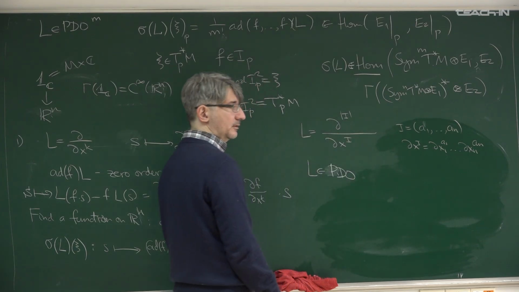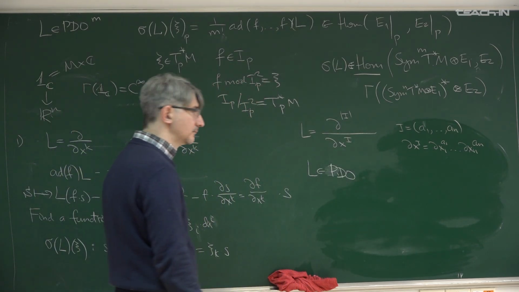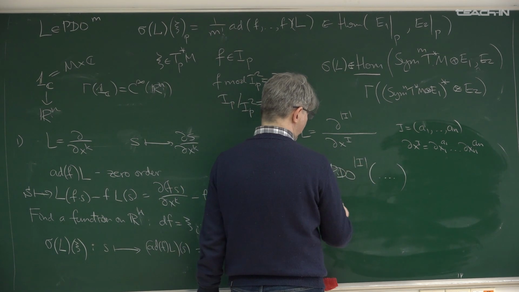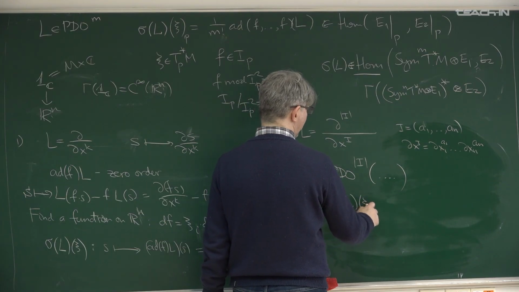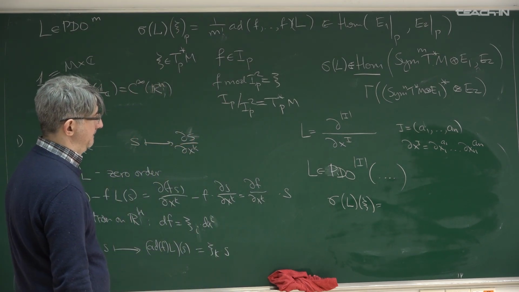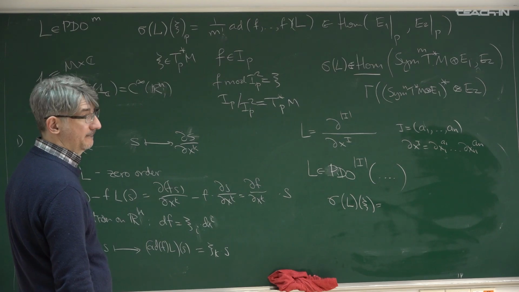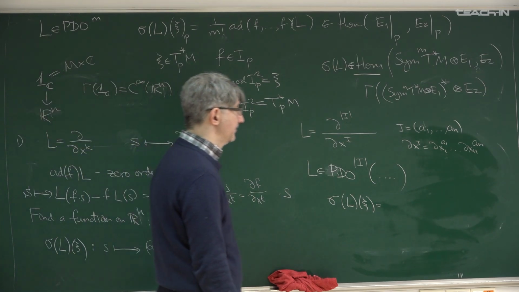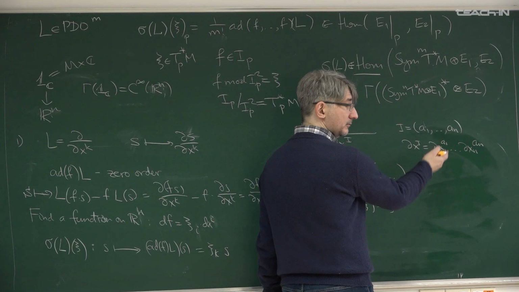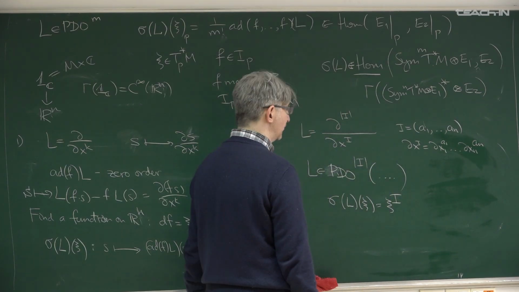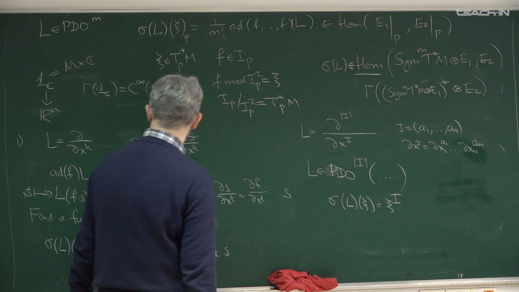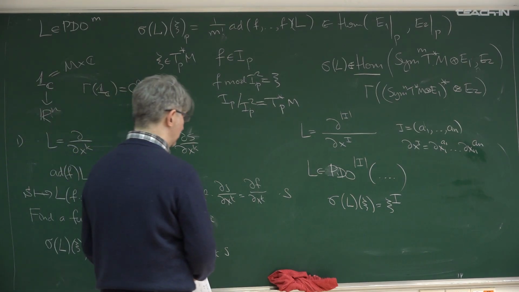Yes, it's just this number. What is the symbol of L applied to psi? It's a monomial in psi. Which one? This one. Psi1 to the power a1, and so on, psi n to the power of an. That's all.